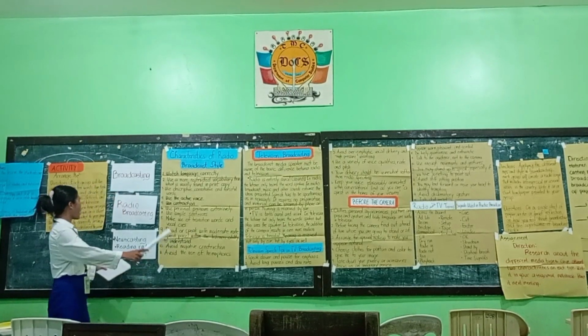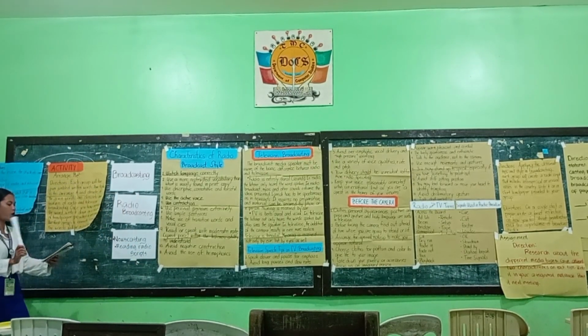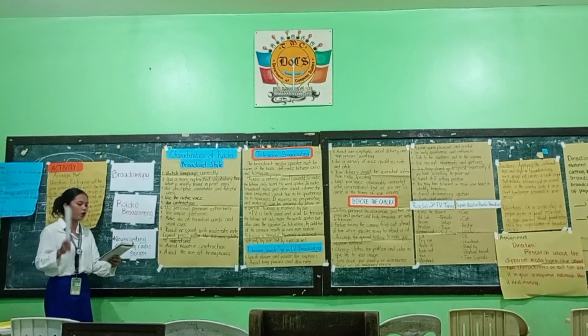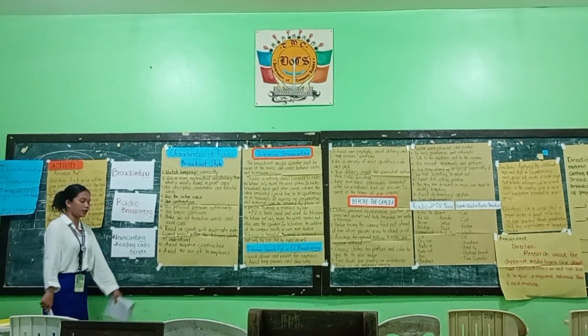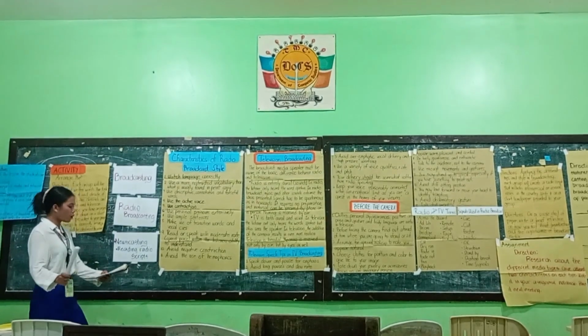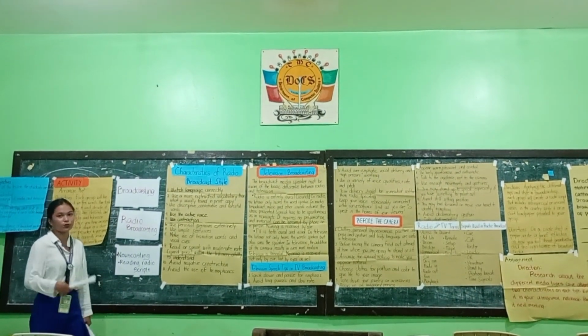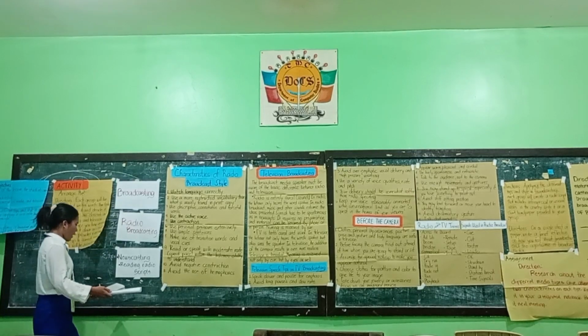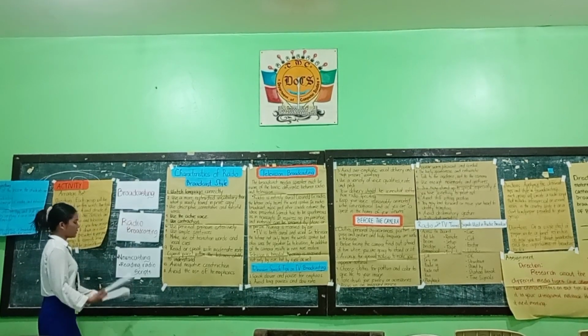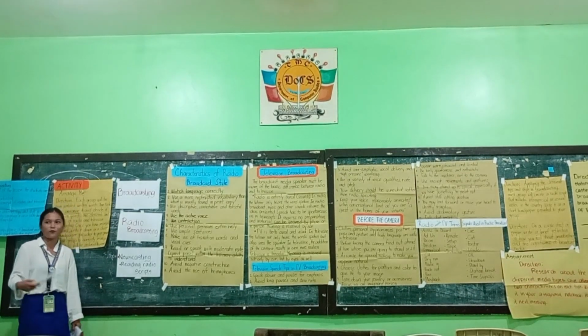Next we have radio broadcasting. Radio broadcasting is the transmission of audio content via radio waves to reach a wide audience. It involves creating programs such as music, news, talk shows, and advertisements, and then transmitting them over a designated radio frequency.